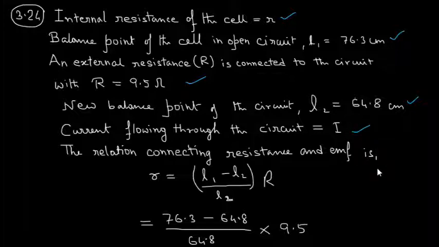The relation connecting the resistance and EMF is r is equal to L1 minus L2 upon L2 into R. Putting the values of L1, L2 and R, we get 76.3 minus 64.8 upon 64.8 multiplied by 9.5.